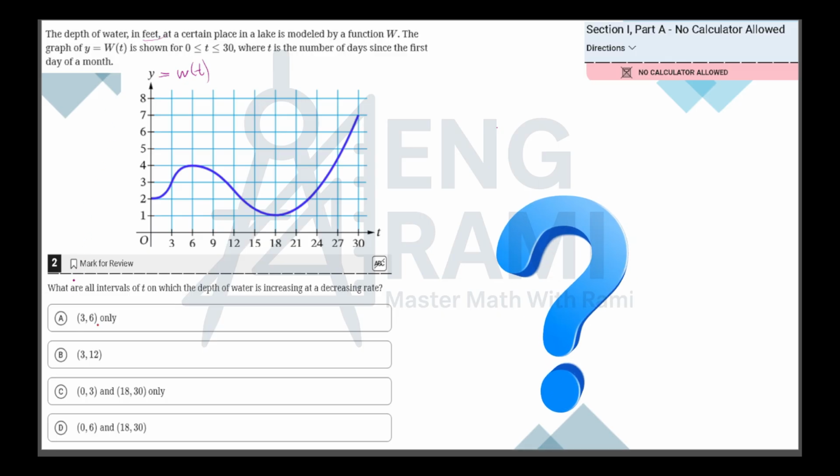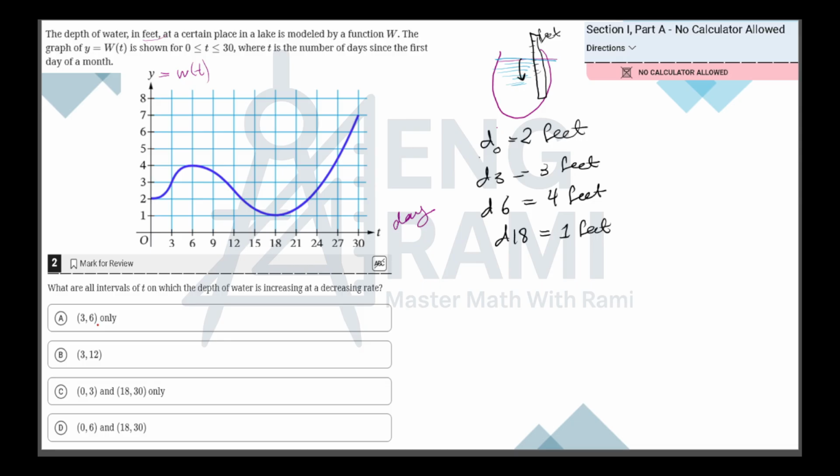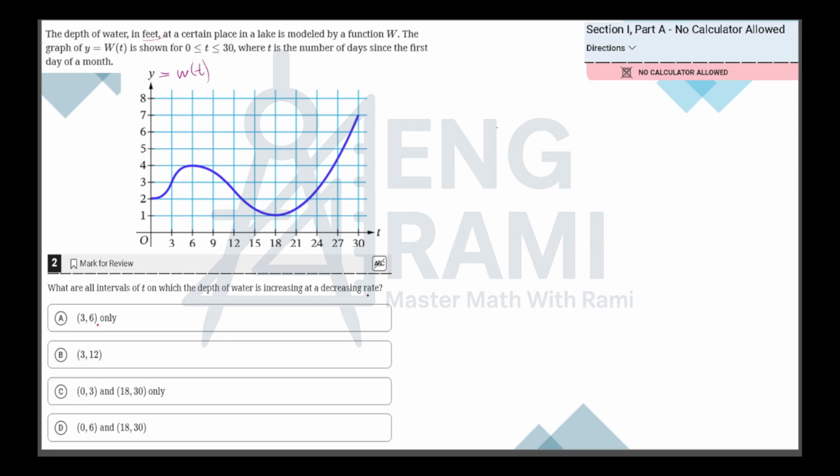The question is, what are all intervals of t on which the depth of water is increasing at a decreasing rate?